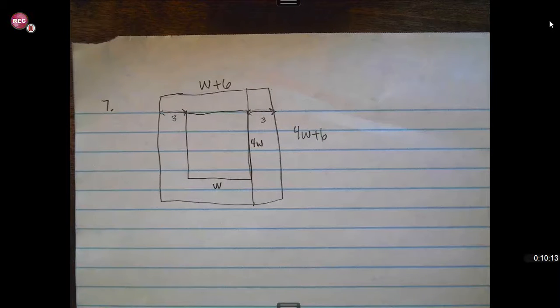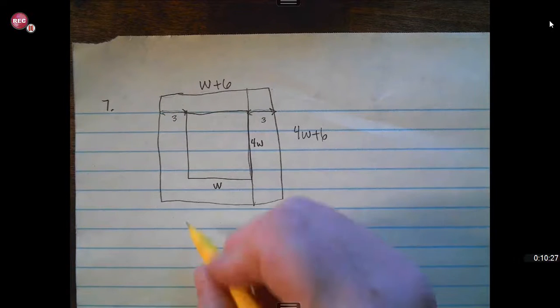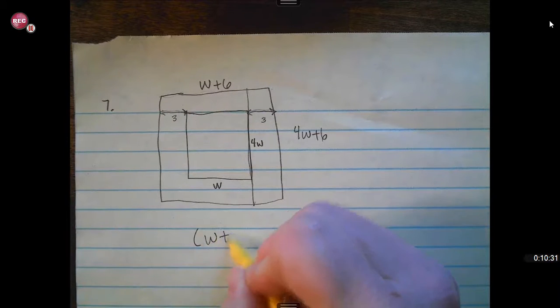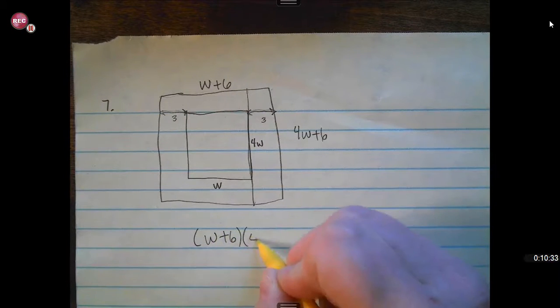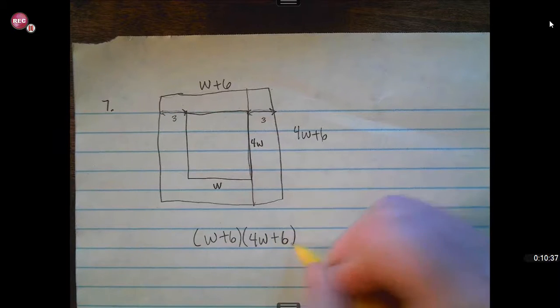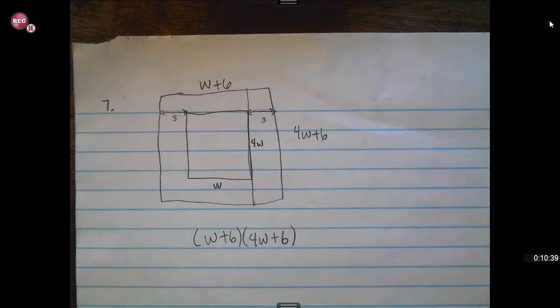And it says, what is an expression for the area of the framed portrait in terms of W? So that would be length times width, W plus 6 times 4W plus 6, in terms of W. And then simplify my expression and write it in standard form.